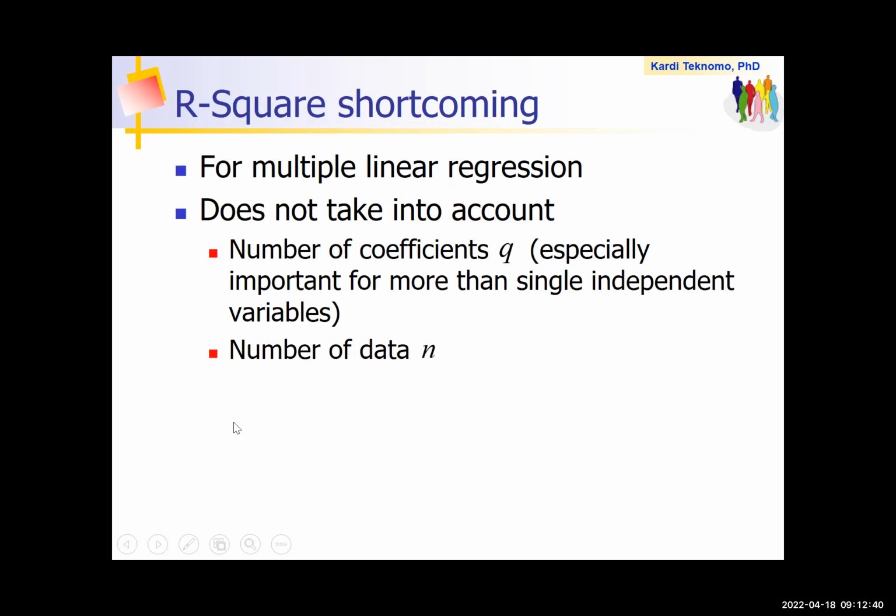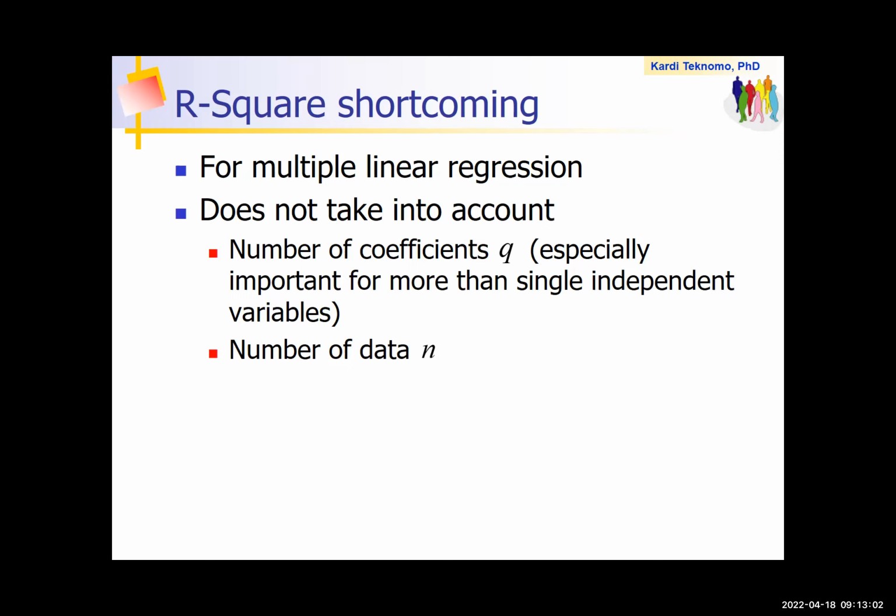But if you have multiple linear regression, the more variables that you include in that multiple linear regression, the R square will become larger. It's kind of cheating, right?